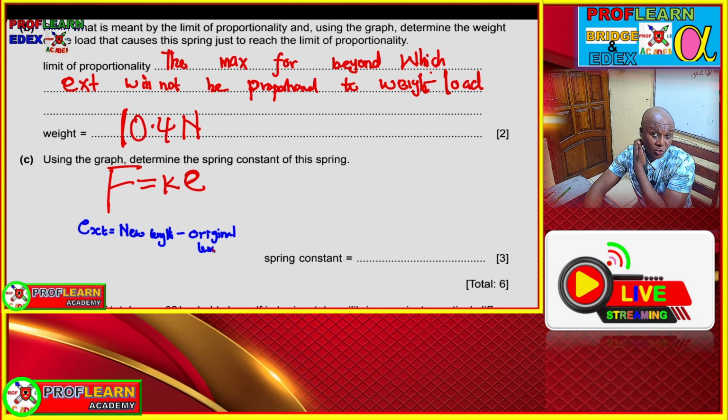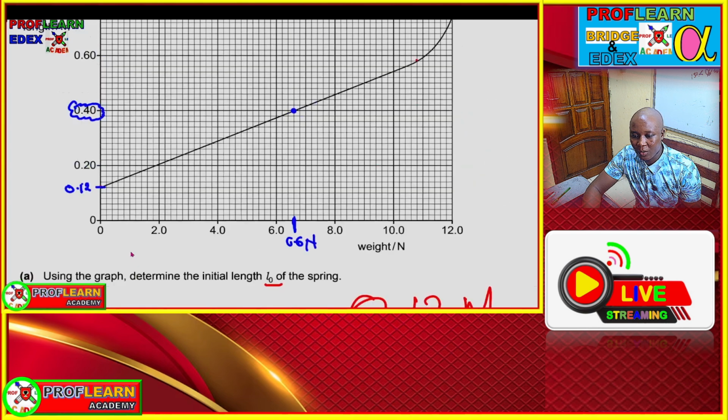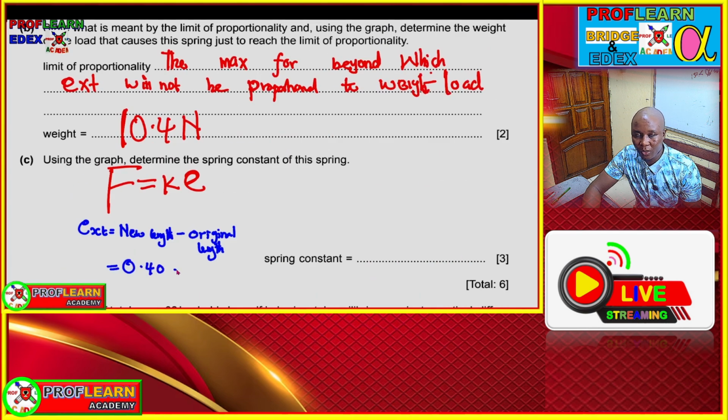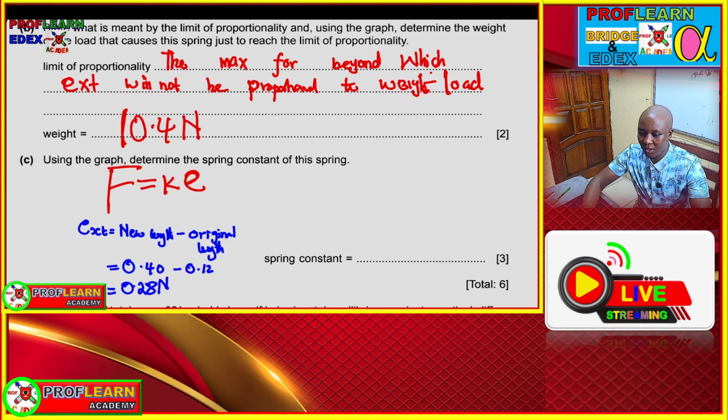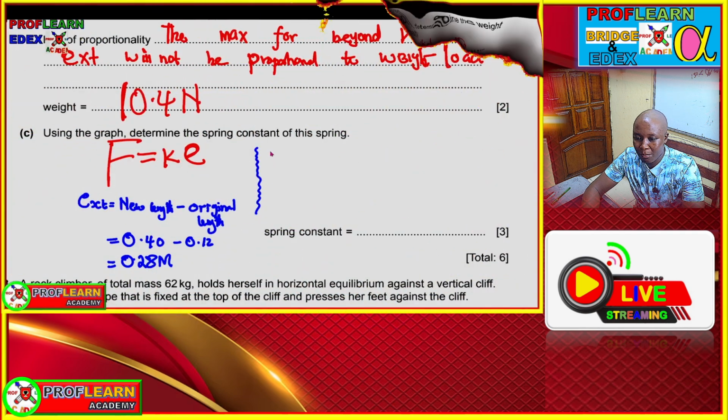And remember, extension is obtained from the new length of the spring minus the original length when there is no other load on it. Since the new length here was 0.40 and the original length when there is no other mass was 0.12, if we subtract that, it gives us 0.28 as the extension. That is the extension. I need to change that to meters. So that becomes meters, right?